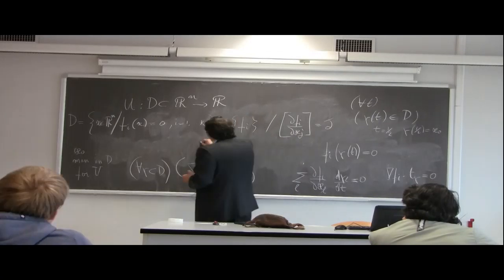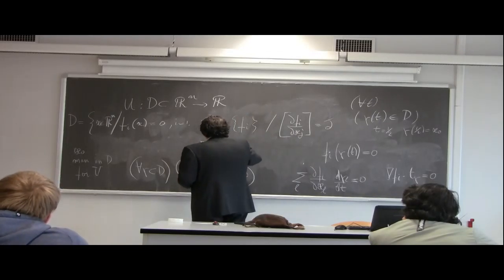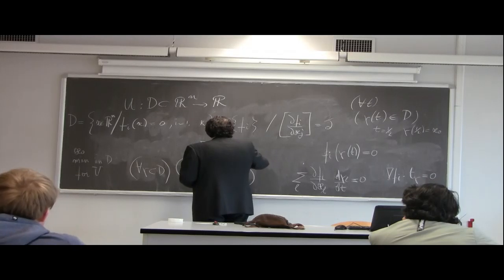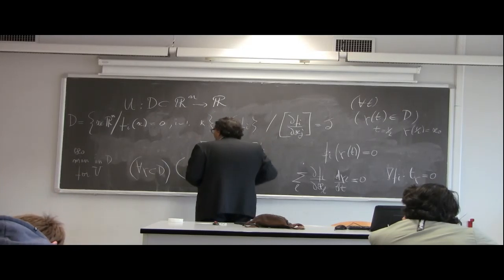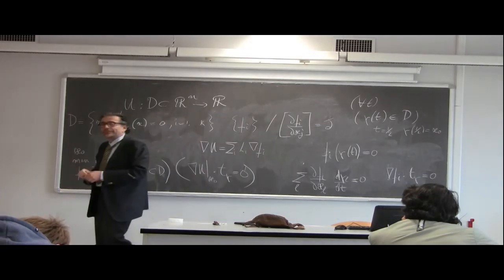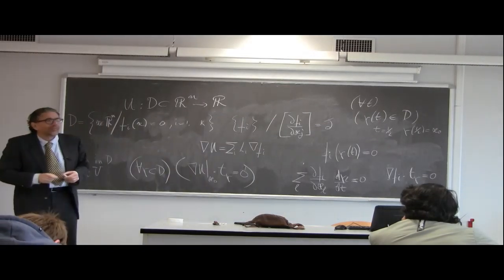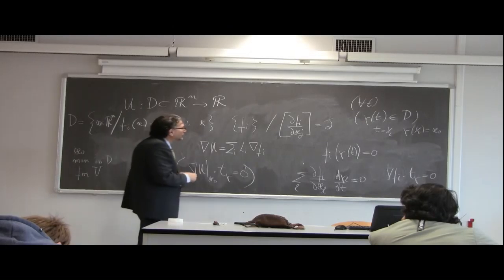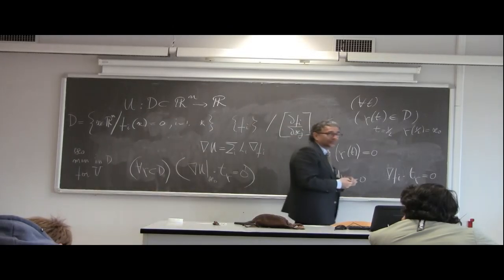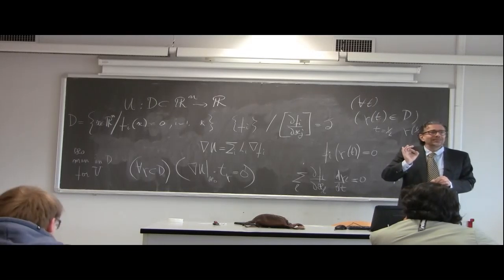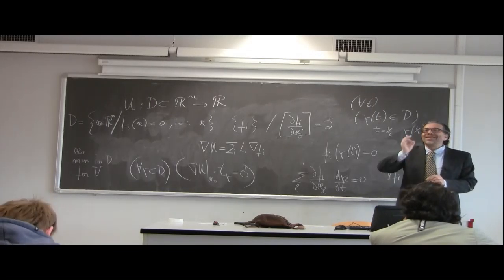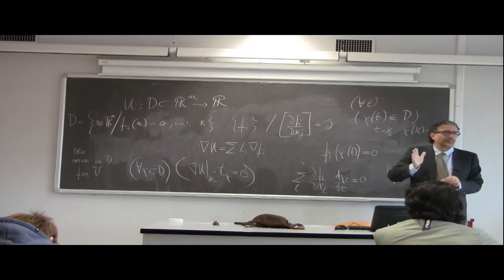So grad u is equal to summation over i of lambda i grad phi i. Lambda i's are called Lagrange multipliers.